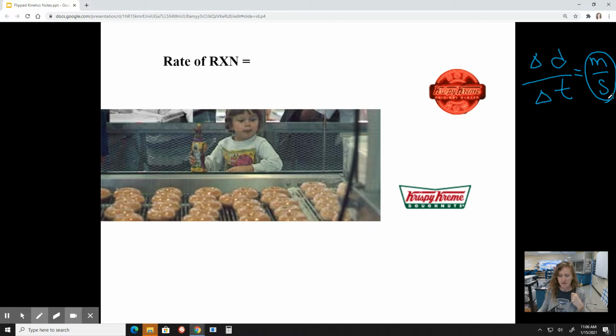That would be your units. But rate can be a lot of different things. Basically, rate is anytime something changes over the change in time where that occurs. So acceleration is a rate as well. Acceleration is actually the change in speed over time.